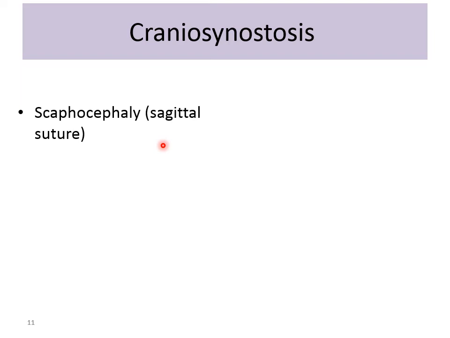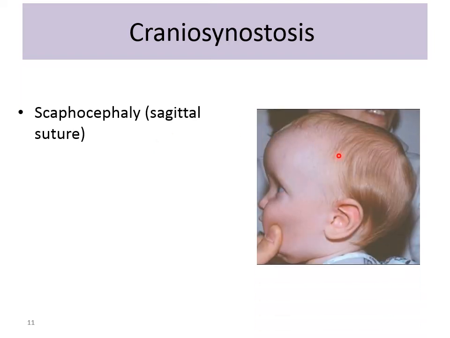Premature closure of the sagittal suture will result in scaphocephaly: a long and narrow skull with frontal and occipital bossing. This is one of the craniosynostosis abnormalities.